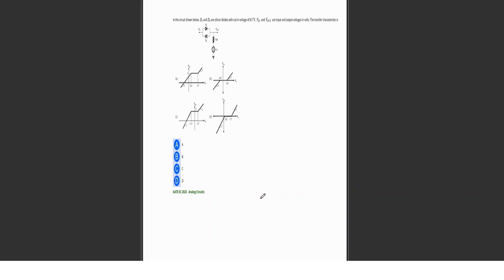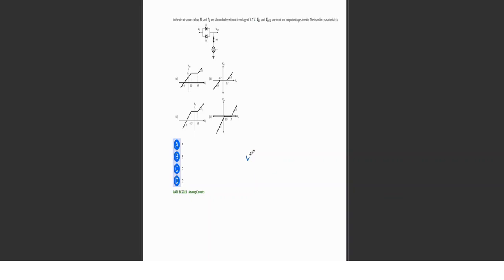Now let us see what happens to the diodes when V in changes. We know that they are diodes with cut-in voltage 0.7. So if the voltage across the diode is more than 0.7, then the diode conducts and there is a drop of 0.7 volt across the diode. So D1 will conduct if the voltage across D1 is greater than 0.7.